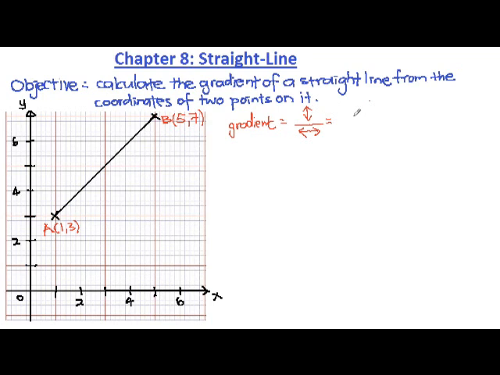In other words, rise is equal to the vertical distance between 2 points, for instance, between point A and point B. Run is equal to the horizontal distance between 2 points.